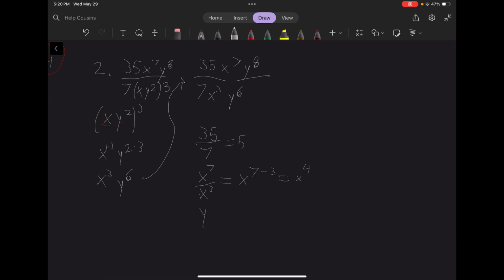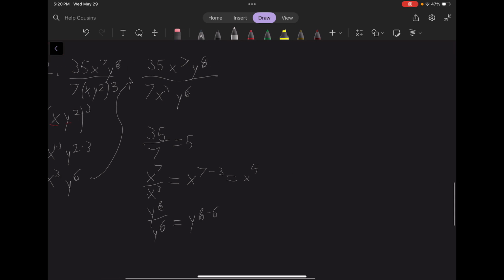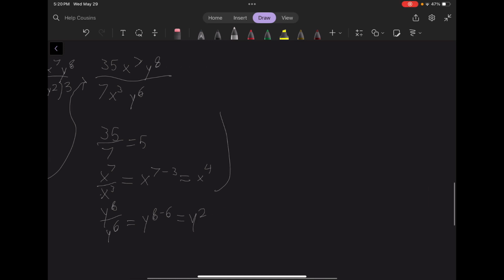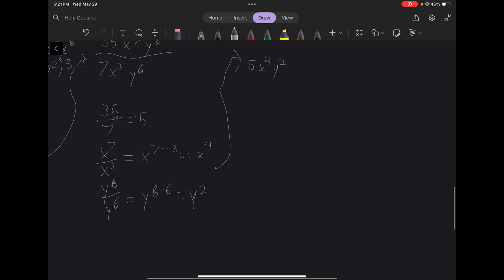And y to the 8 over y to the 6 would be y to the 8 minus 6, which would be y squared. And then we just rewrite our answer, which is going to be 5 times x to the 4th times y squared. Final answer.